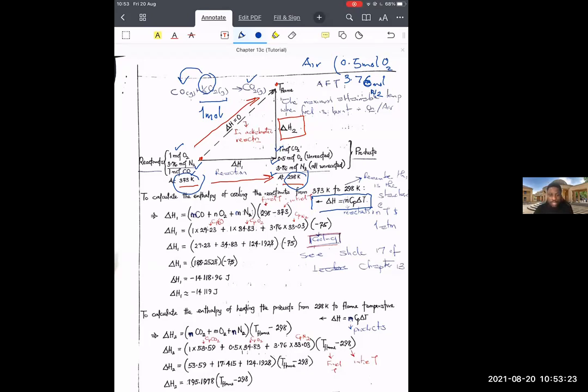Let's look at that using this equation. All these equations have been provided; it's just for you to identify the appropriate one. We're looking to calculate the change in heat of reaction. So M moles for reactant 1, carbon monoxide, reactant 2, oxygen, and then nitrogen. Remember again, in this case we are not using standard heat of reaction.